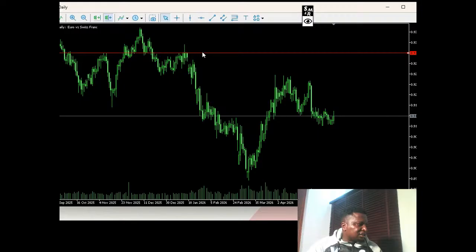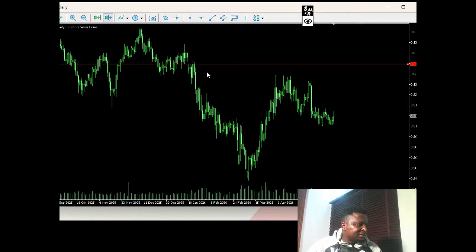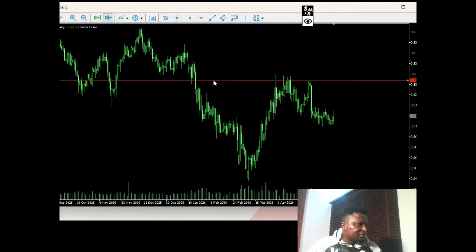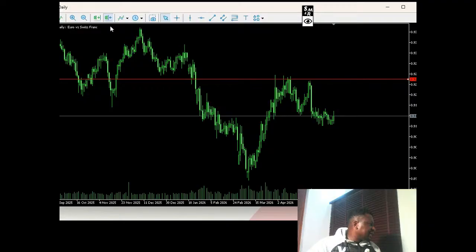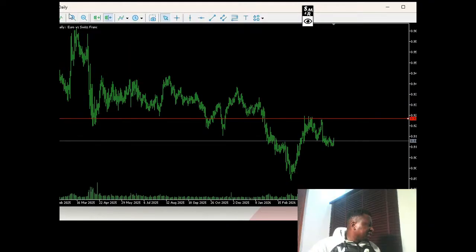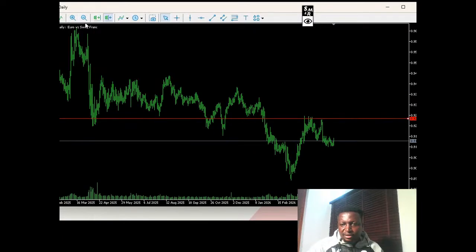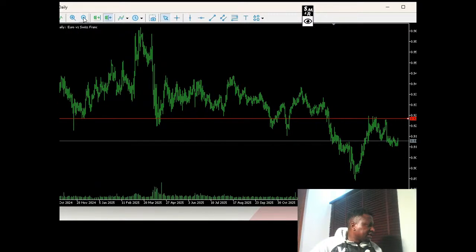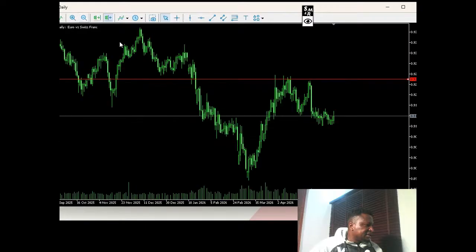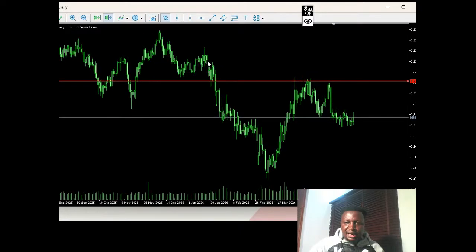So let's look for another one. Here is supposed to be another key level for us to pay attention to, except let's shrink this. Can you see the chart if I shrink it? I just feel that if you shrink it, it doesn't look good in the eyes.